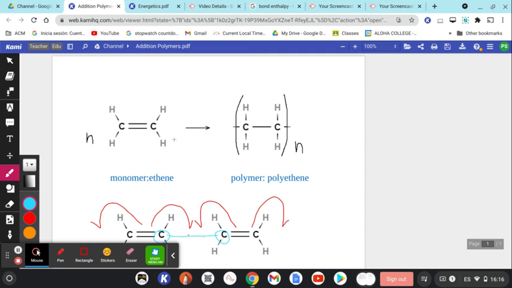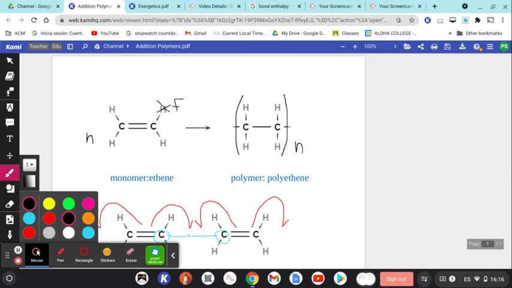So what you can do is replace the H's with other groups. So you might have, instead of an H here, you could have a fluorine. Or you could replace all the hydrogens. Now, that will change the properties of the polymer, but how the alkenes actually bond to each other doesn't change.